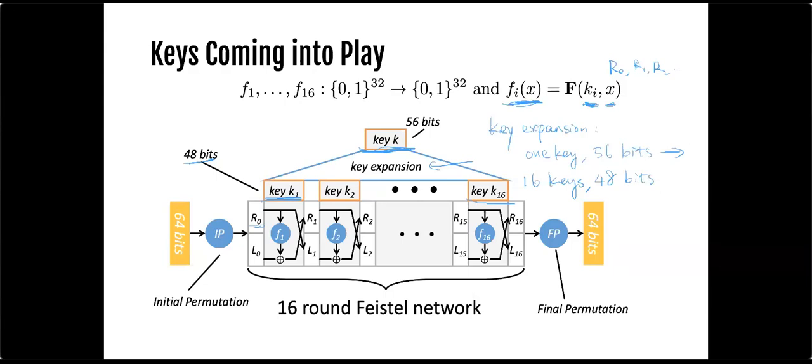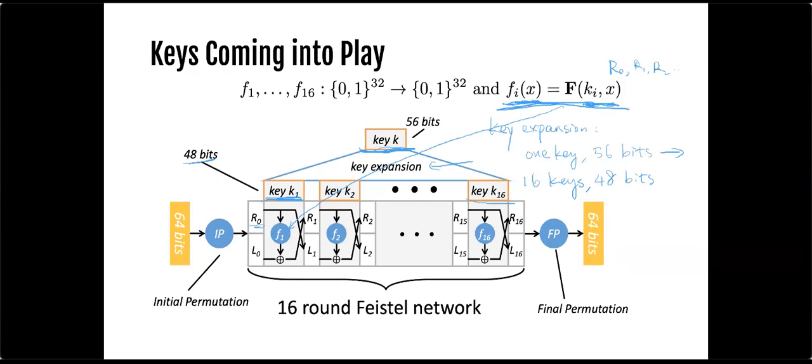Given this key, it will do this calculation. You will use this so-called Feistel function, which is a one-way function that takes the key and R0, like the x, as input, and it will output a value.